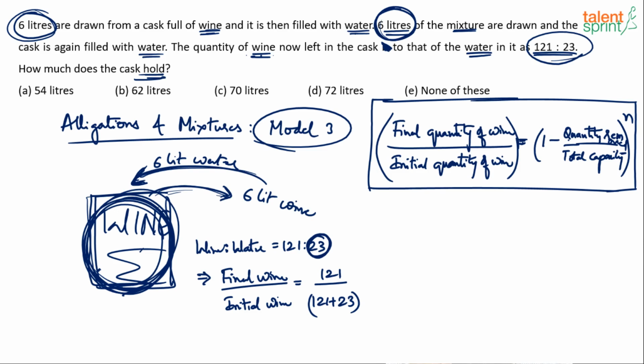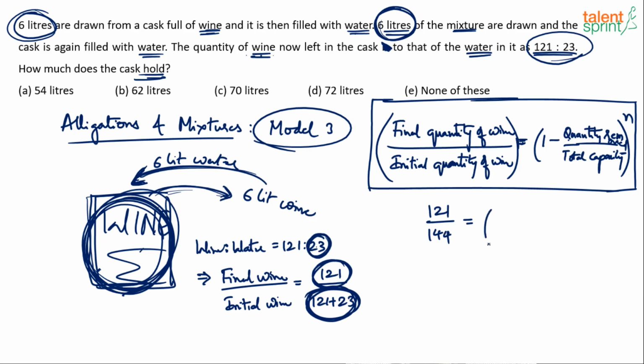Whatever water has come inside this container has come because of removal of wine. So if these 23 parts of water were not there, we would have 23 parts of wine only. So finally there are 121 parts of wine, but initially there were 121 plus 23 parts of wine. These 23 parts became water after these transactions. That's how we get the ratio. So now use the formula. Final quantity by initial quantity ratio, I know 121 by 121 plus 23 is 144.